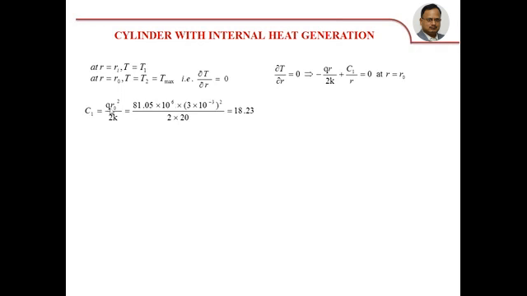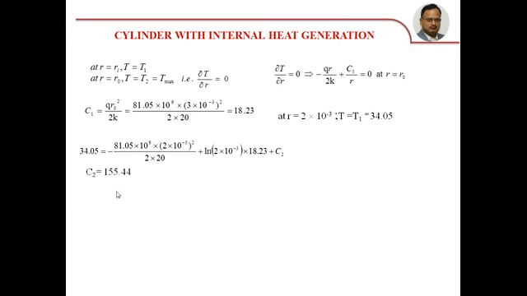We know q dot, we know r naught square by 2k, you will get 18.22. And at r equal to 2 into 10 power minus 3, that is the inner radius, T equal to 34.05 degrees centigrade. By substituting that, you will get the value of C2, 155.44.